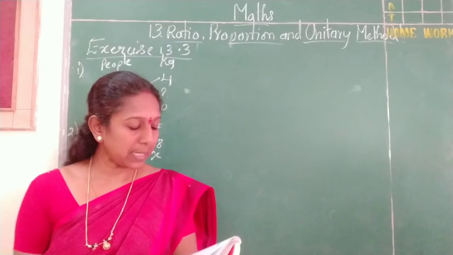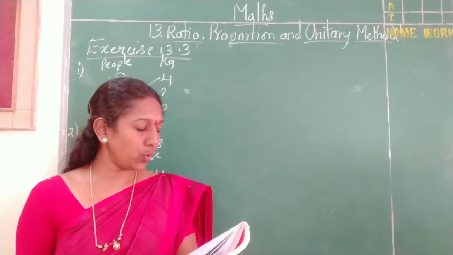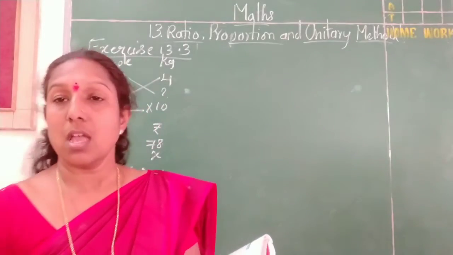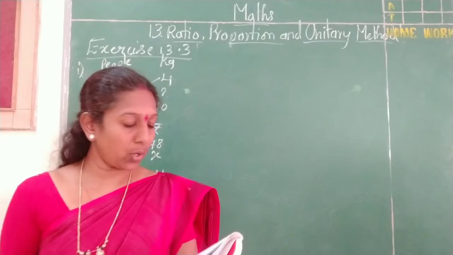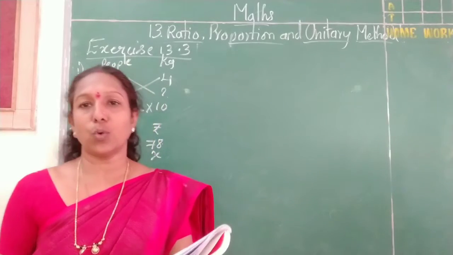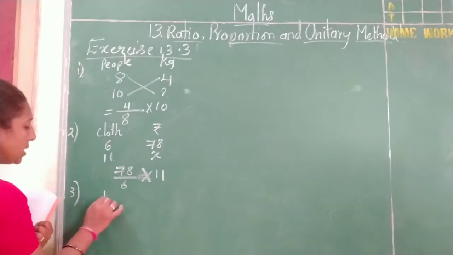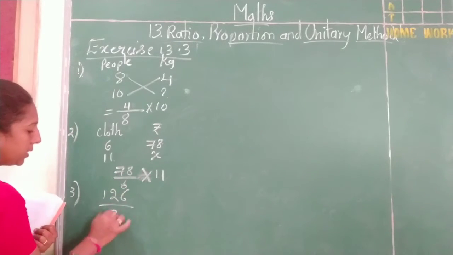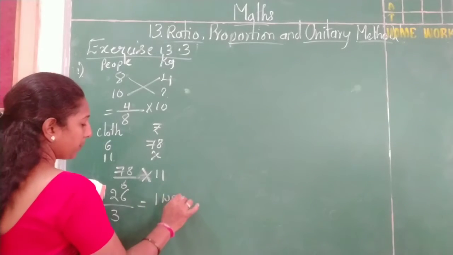Next, if I spent 126 rupees in 3 weeks, how much do I spend in a year? So 3 weeks is given, so I should find for 1 week. So what I will do is 126 divided by 3, and I will get the amount for 1 week.